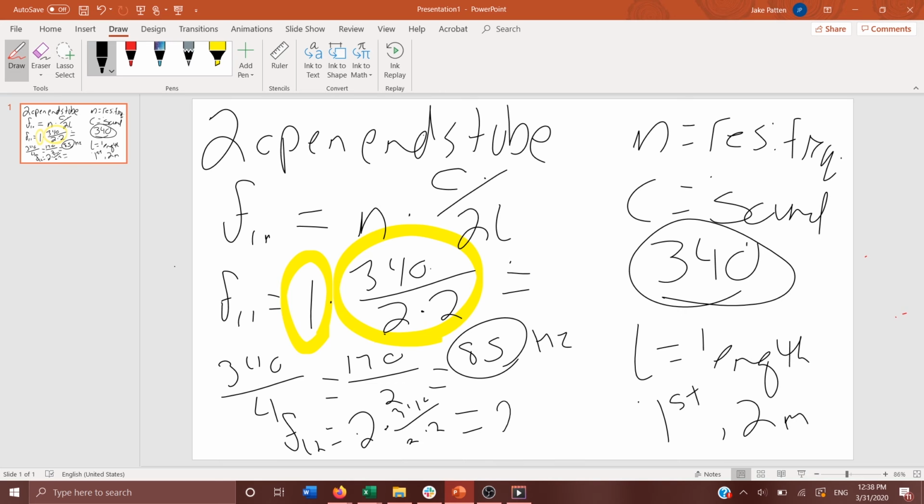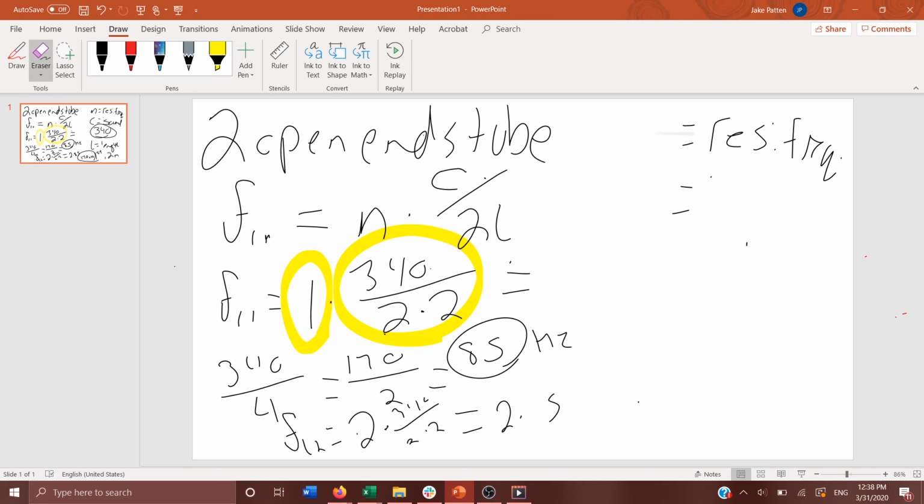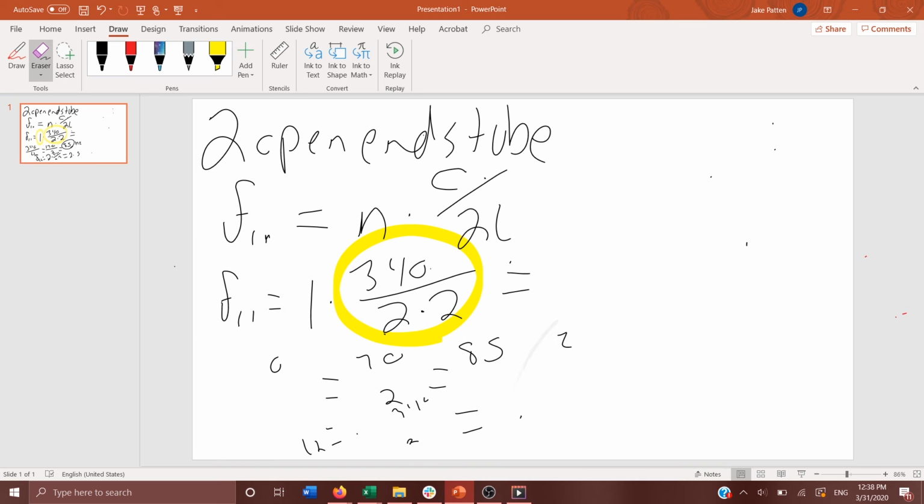So we can rewrite this as 2 times 85, and 85 times 2 is 170. So our second resonant frequency is 170 hertz. If I asked you to compute that, and then I asked you as a second question, what does a graph of this look like? Let's just get rid of all this ridiculousness.